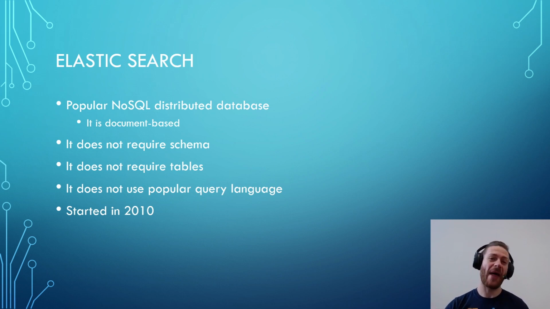So it's automatically done for you. If you want to use multiple nodes, you can easily do that. It's very simple and it doesn't require a lot of settings. You can just specify how many you want and Elasticsearch will distribute it for you.